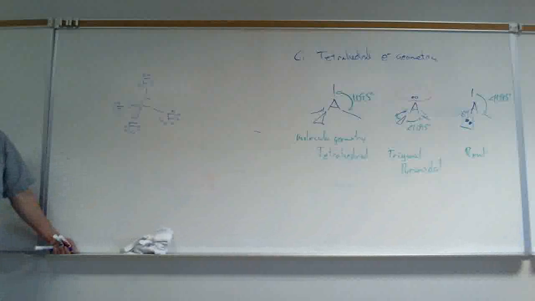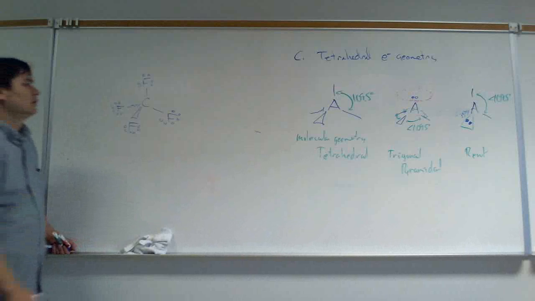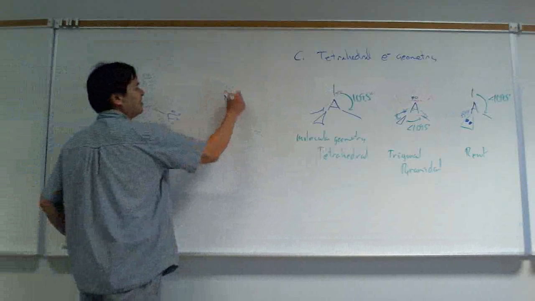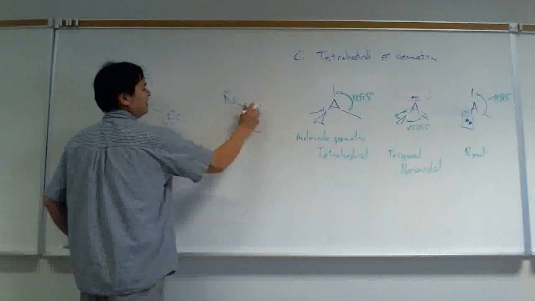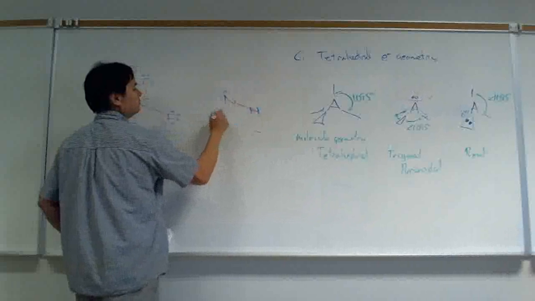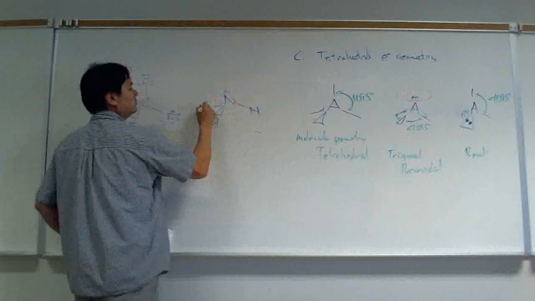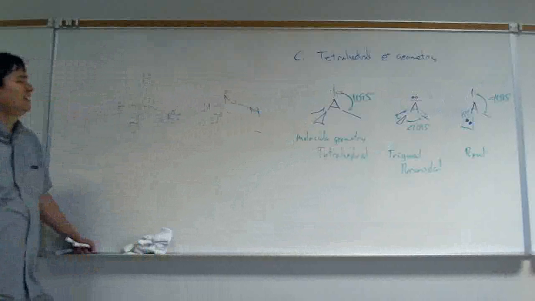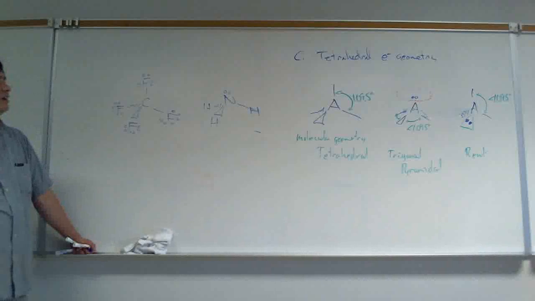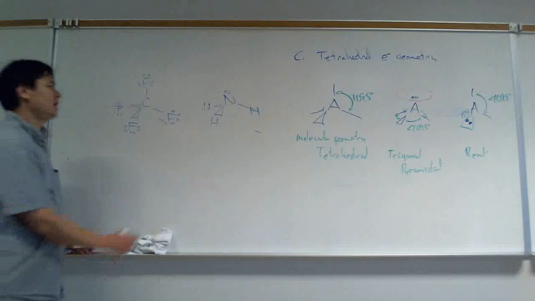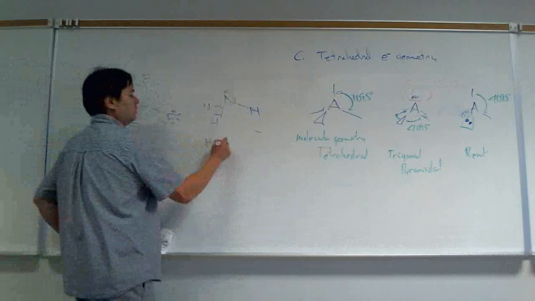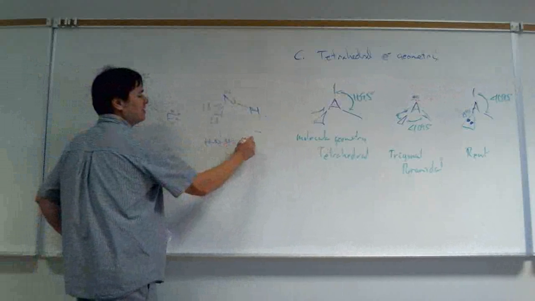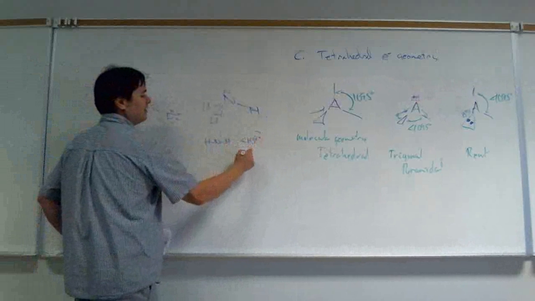What's the geometry? What's the angle? 109.5. The next example is ammonia. The geometry is trigonal pyramidal, and the H-N-H angle is about 107, so less than 109.5.